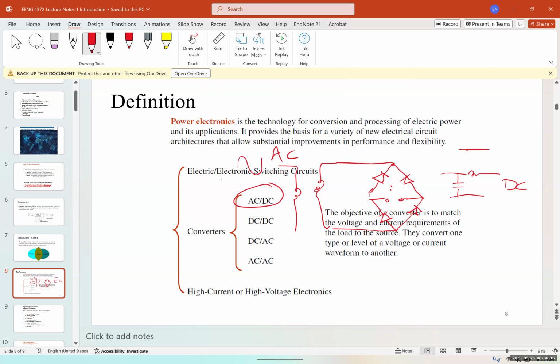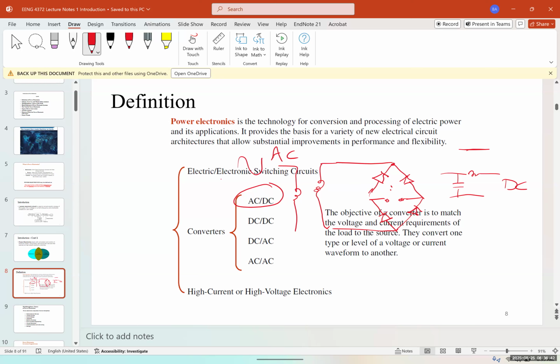So all those small chargers that you see already have an AC to DC rectifier inside them. And they also step down the voltage as well. The step down voltage is done by the transformer, because obviously you can't charge a phone with 120 volts. You need around 5 volts.